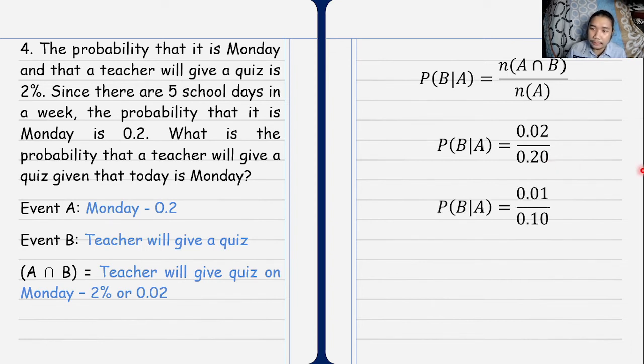And then 0.02 divided by 2. Again, ilo-lowest term lang natin sila. Try natin sila i-lowest term as possible since divisible sila by 2. 0.02 divided by 2 and then 0.20 divided by 2, we will have 0.01 over 0.10. And that will be 0.1 or 10% if we convert it into percentage. So ayan.